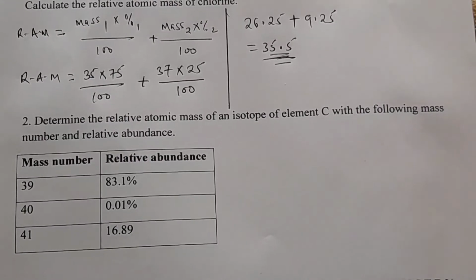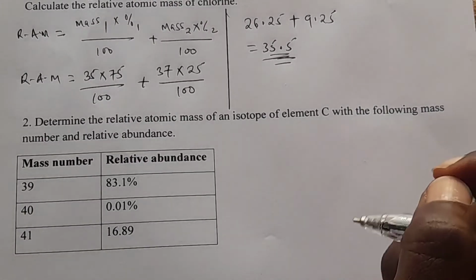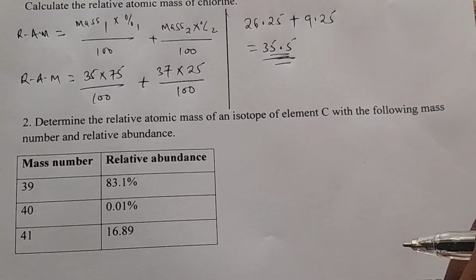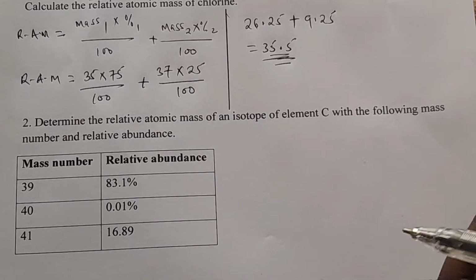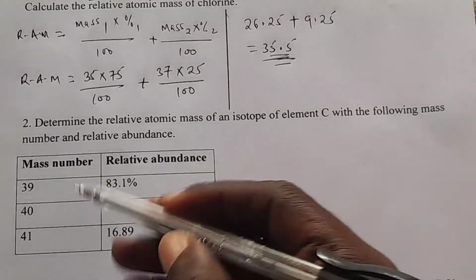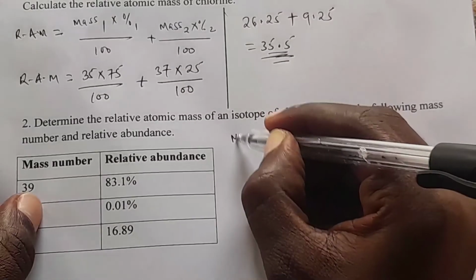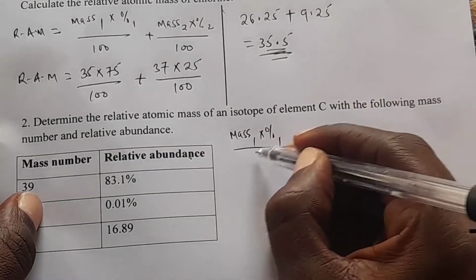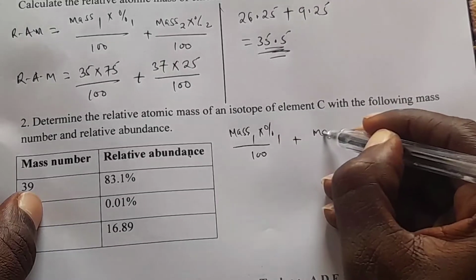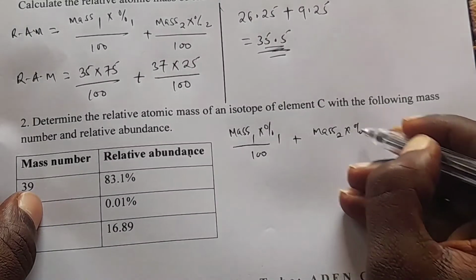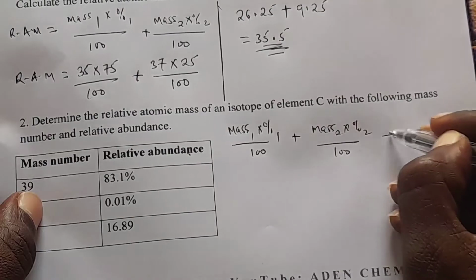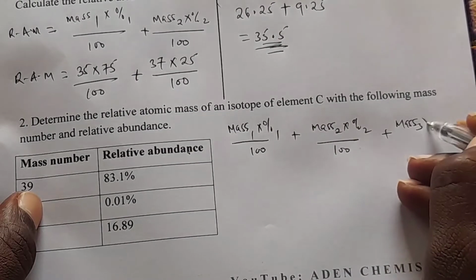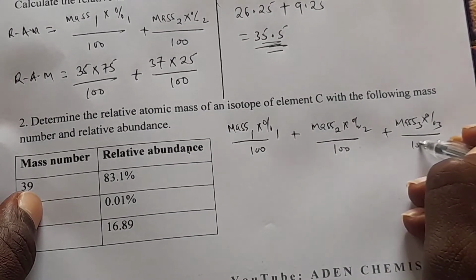Number 2, we are determining the relative atomic mass, R.A.M., of an element C with the following mass numbers and relative abundances. We have 3 mass numbers. The formula will be mass number 1 times percentage number 1, because they have given us percentage abundance, divided by 100, plus mass number 2 multiplied by percentage number 2 divided by 100, plus mass number 3 multiplied by percentage number 3 divided by 100.